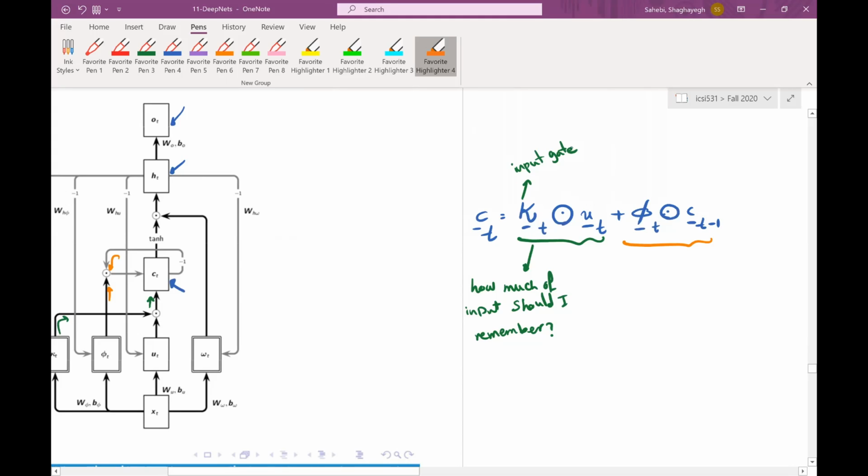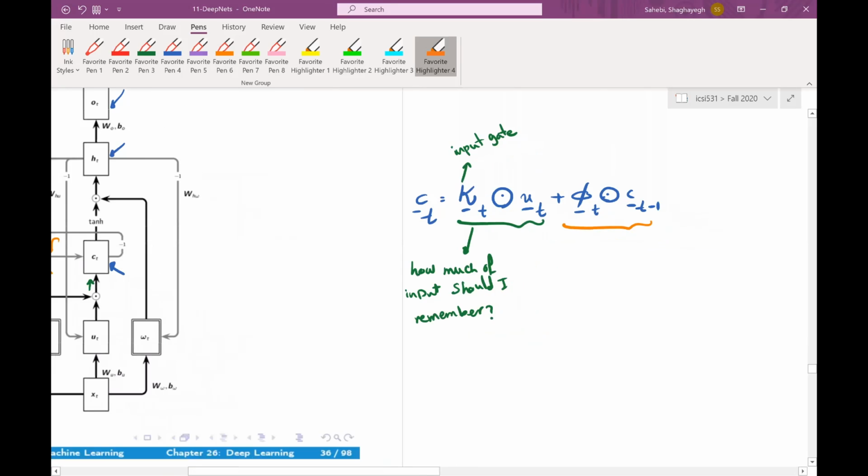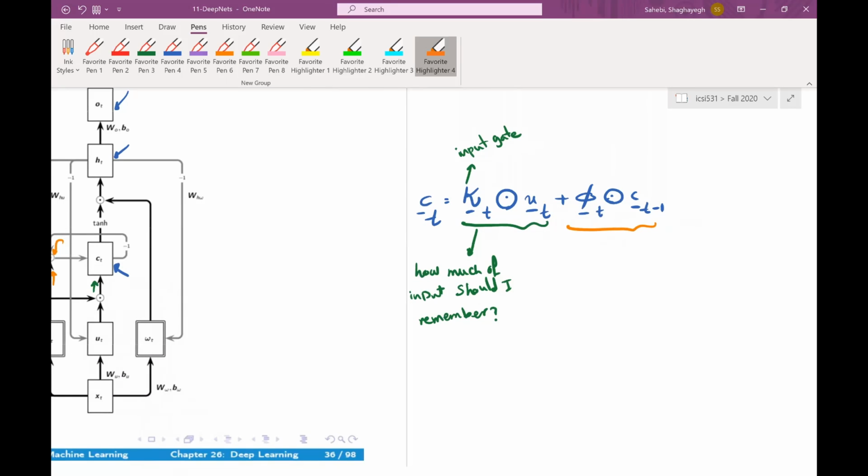All right. And on the other hand, because C_{t-1} is the previous internal memory, it is thinking of how much of the previous internal memory should I forget.